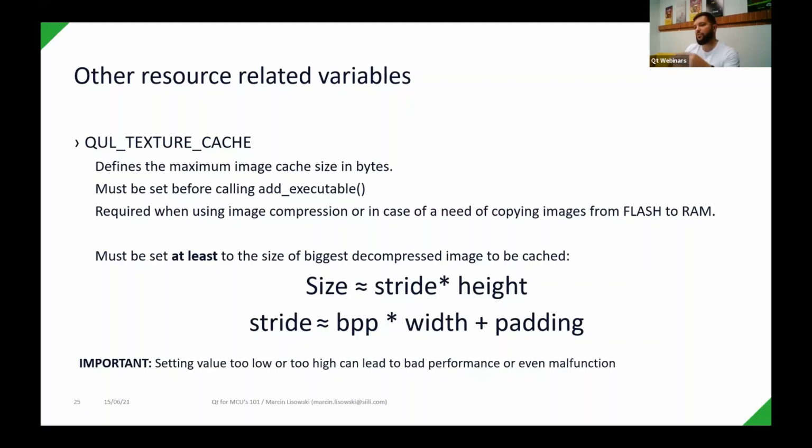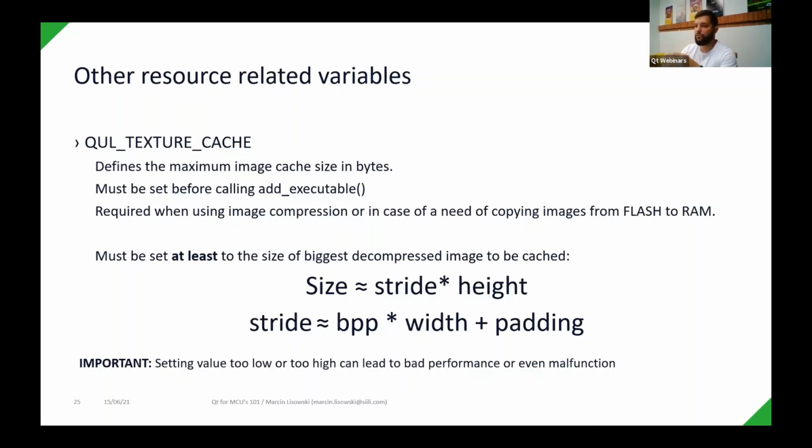Well, as I said, you have to set this value to at least the biggest decompressed image size: width, height, and bits per pixel, plus the eventual padding of the alignment, is the minimum size of your texture cache to fit at least one, the biggest, image in your texture cache.